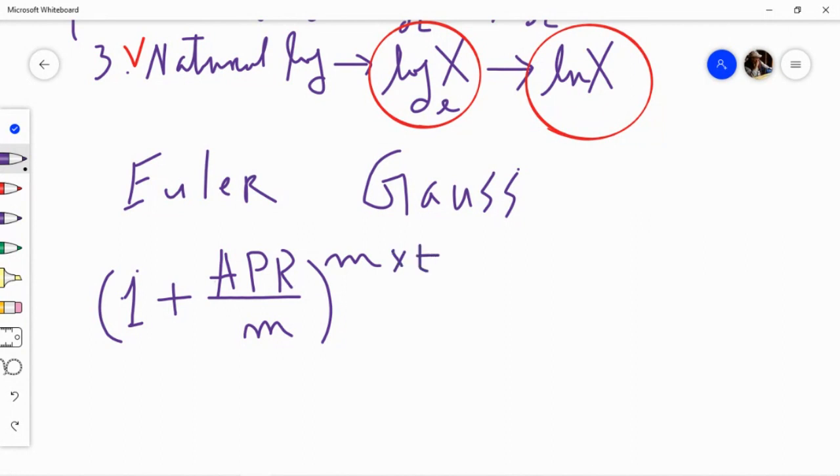Because the periodic rate is the periodic rate, right?